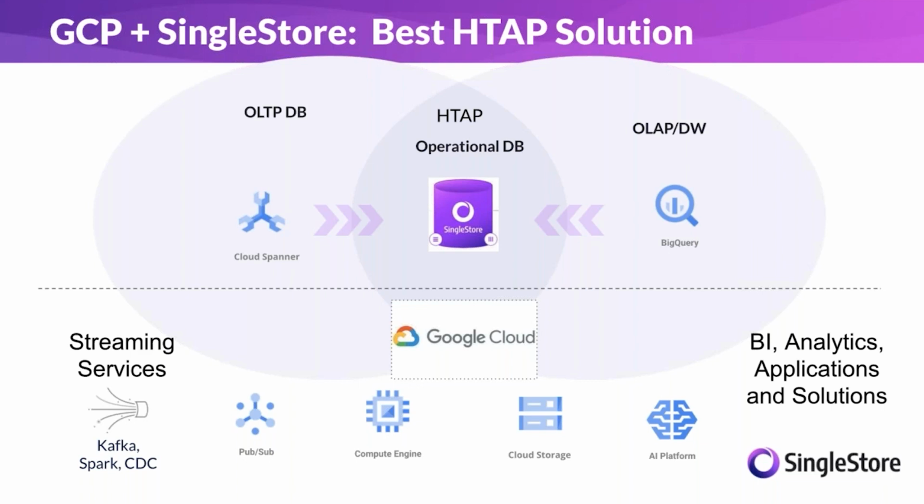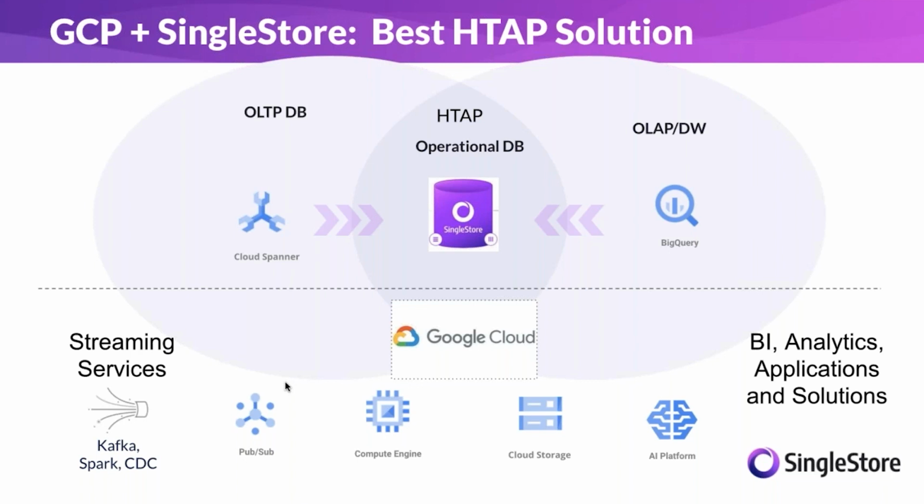So it's a really nice complement. We also can pull from Spanner off of the OLTP logs with change data capture and bring that right into SingleStore and make that data available in real time, and with historical with BigQuery for the usage cases for analytics and decisioning.